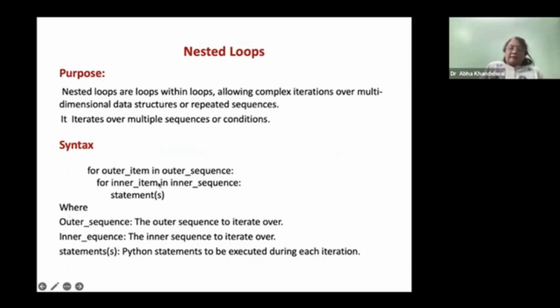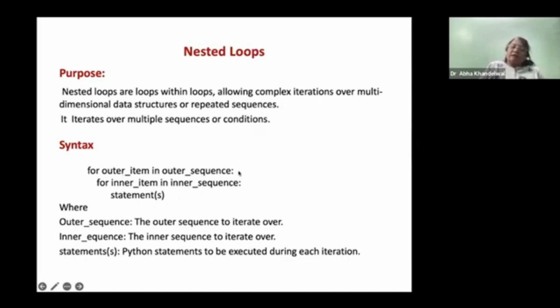So only this is there, but how will it get executed? It will take the first value of the outer loop, then go inside and take the first value of the inner loop. This statement will be executed, then it won't go out to the outer loop. It will again increment the inner one and execute till the end is reached, and then it will go back to the outer.